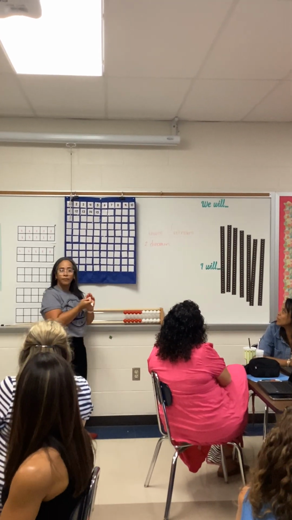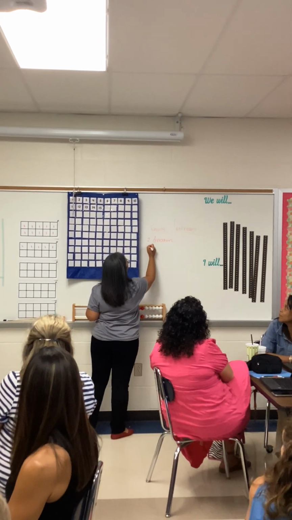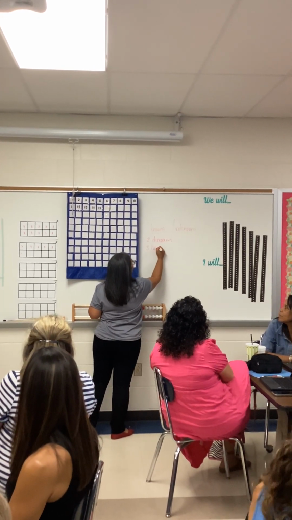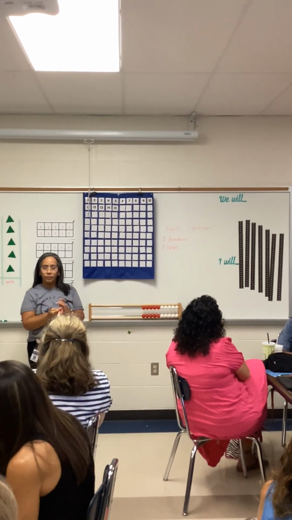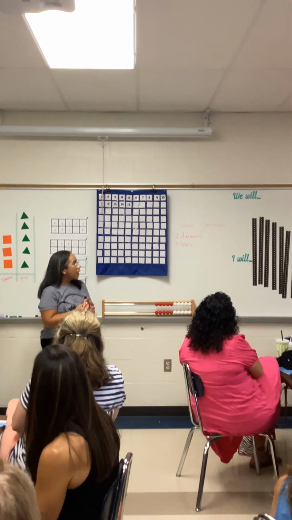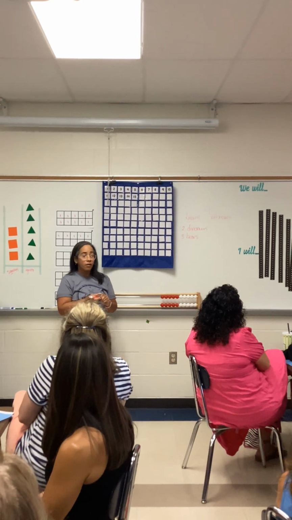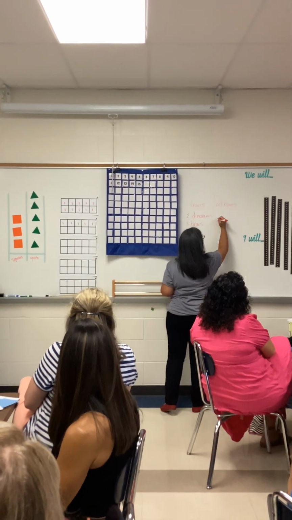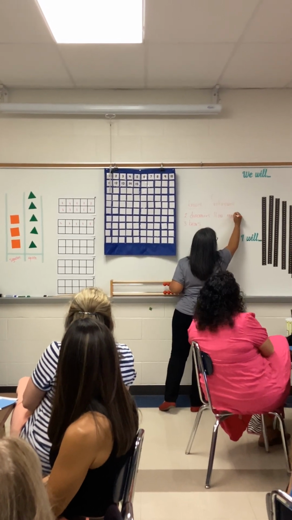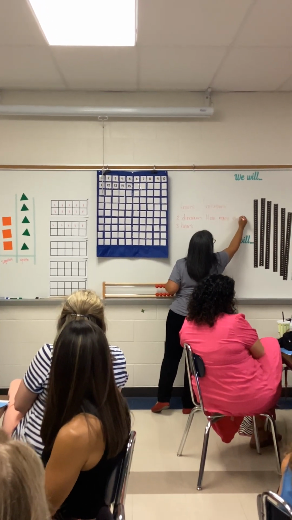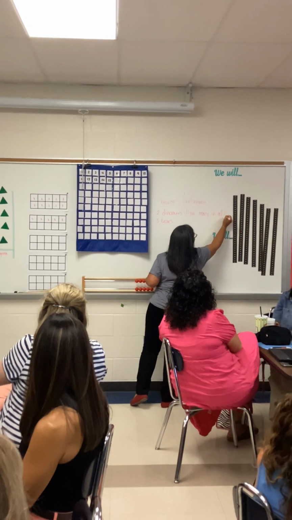And 3 bears. What's our unknown? What do we need to find out? How many animals in all. His name is Mason.